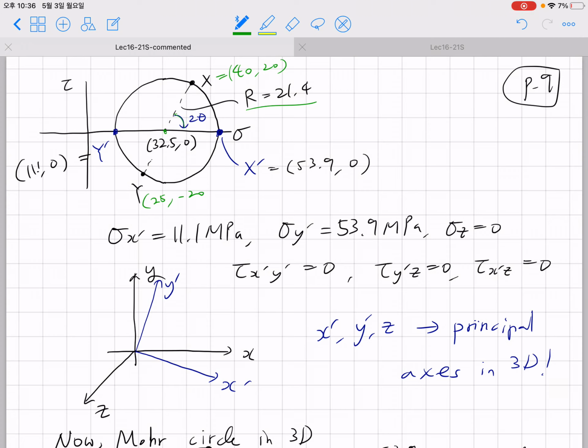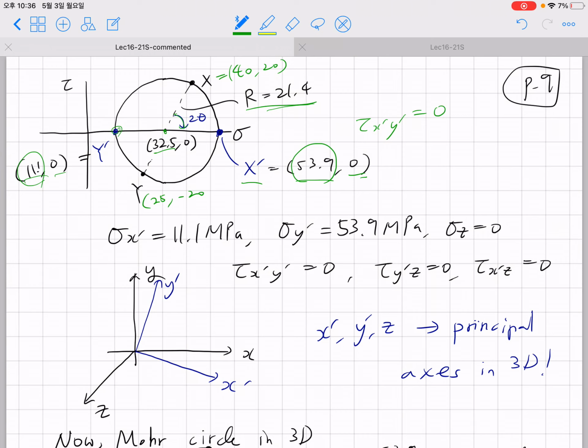After making a 2 theta clockwise rotation, you can find the location x prime at 53.9 and 0. You do 32.5 plus 21.4. And regarding y prime, you do 32.5 minus 21.4, which is 11.1. So you found these two principal stresses, and on this axis you have 0 for tau x prime y prime.